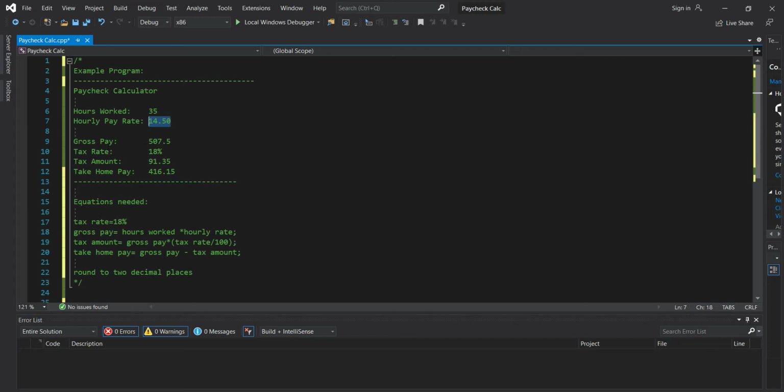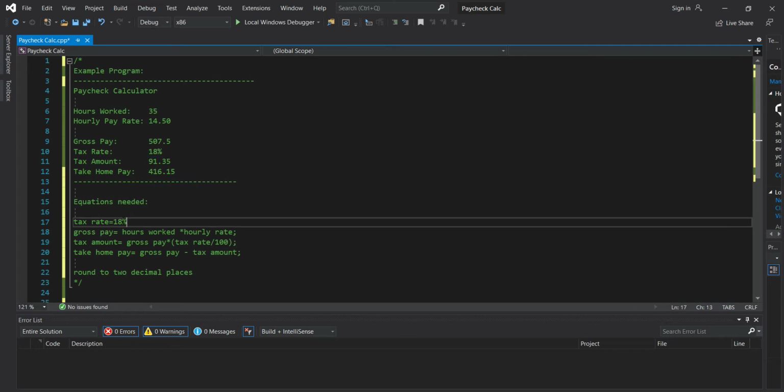And then the computer will automatically generate everything under. So it's going to calculate the gross pay, which is 35 times 1450. And then the tax rate, we're going to keep it 18%. So this should just be hard coded into the actual program, so there's nothing new there.